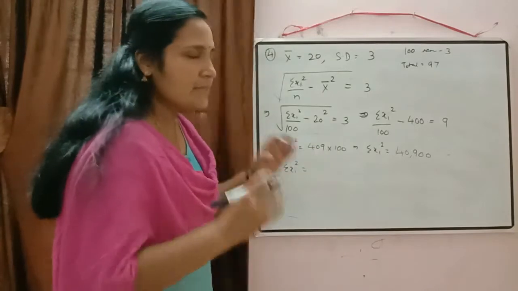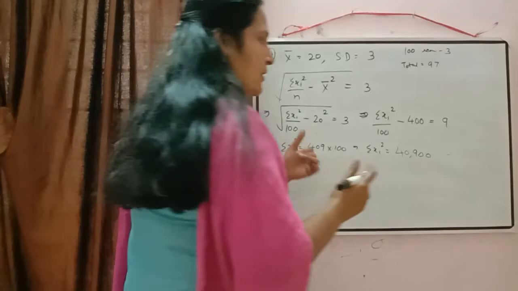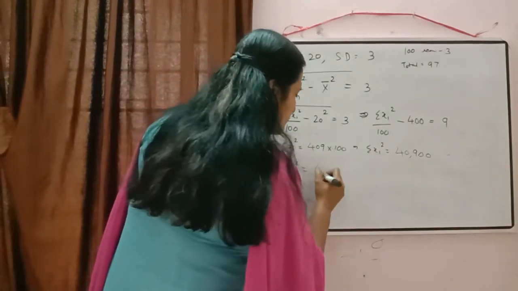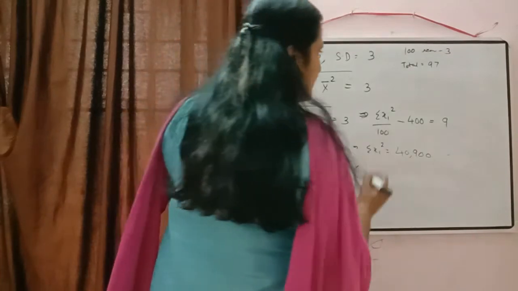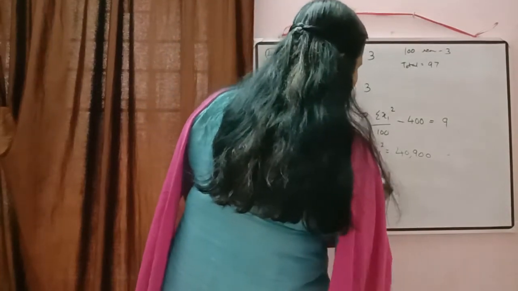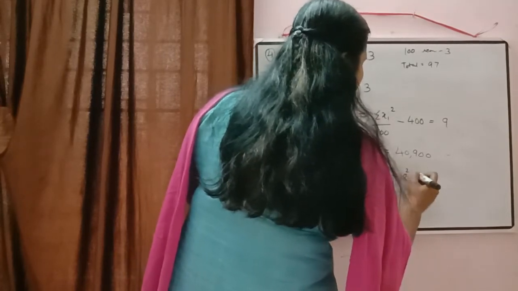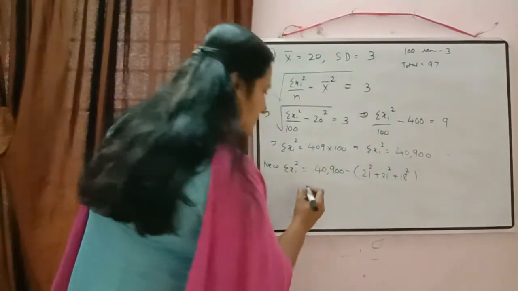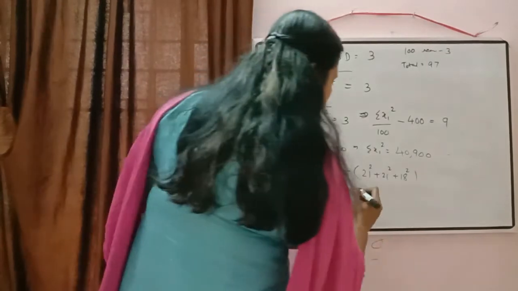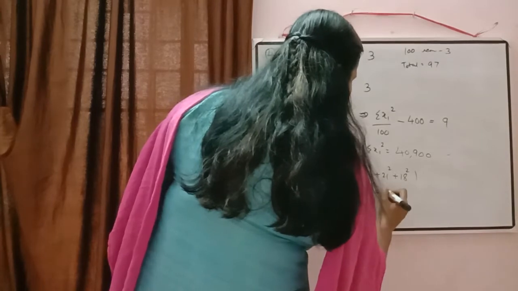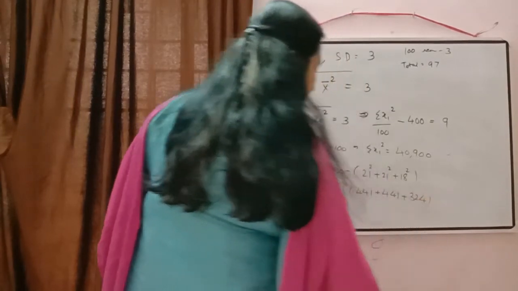Now we write down the new value of sigma xi square. The incorrect sum includes the squares of the 3 numbers, so we have to remove them. It will be equal to 40,900 minus the squares of 21, 21 and 18. So 40,900 minus 21 square, which is 441, plus 441, plus 18 square, which is 324.